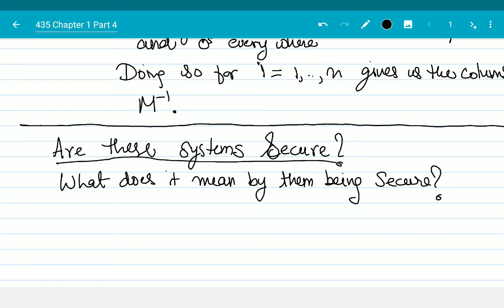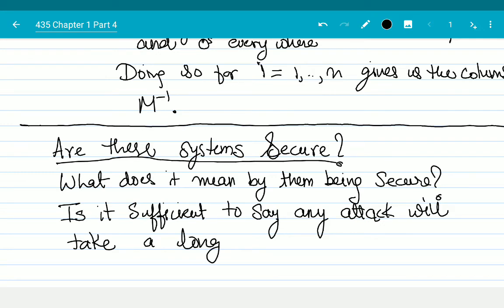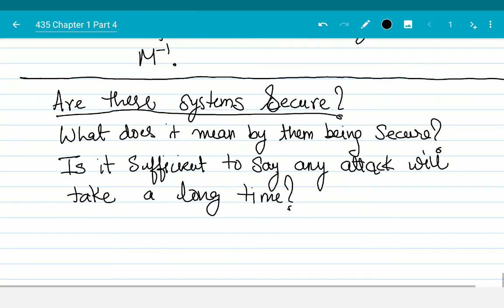Is it sufficient to say that any attack is going to take a long time, like an infeasible amount of time?